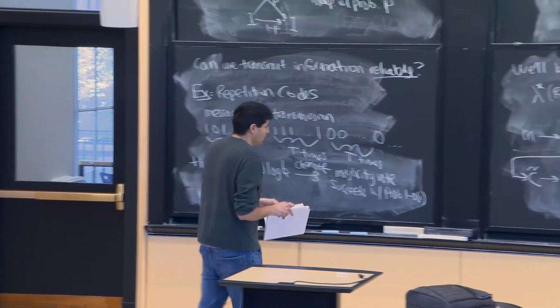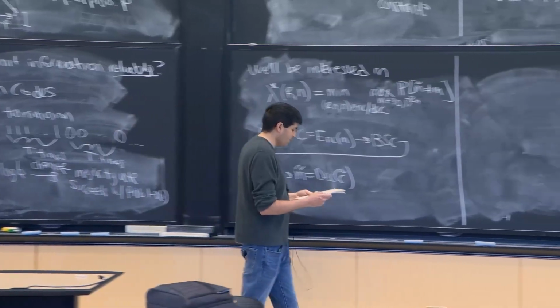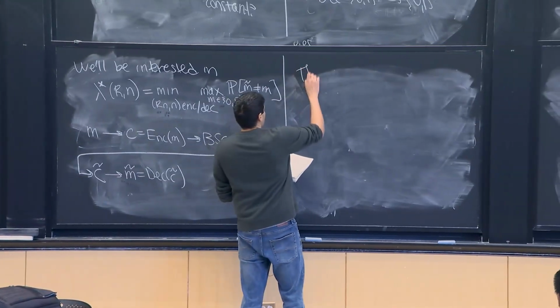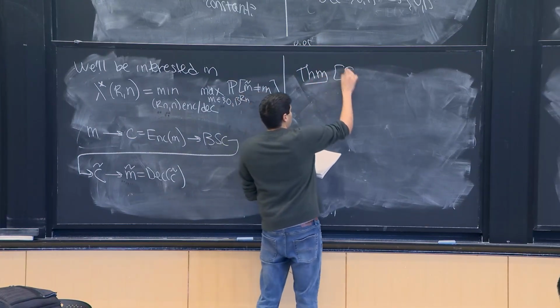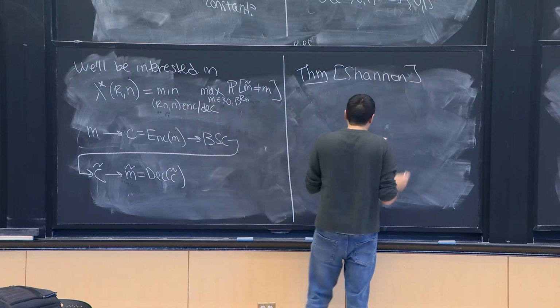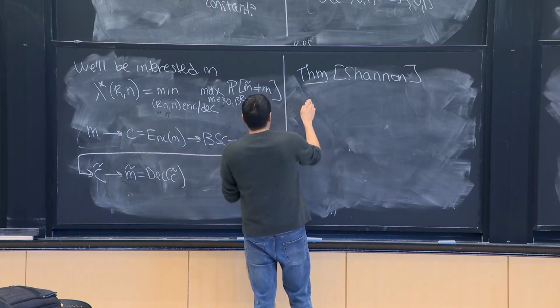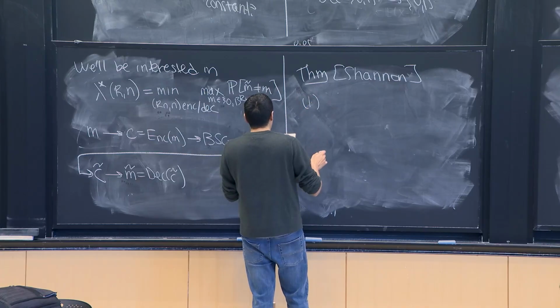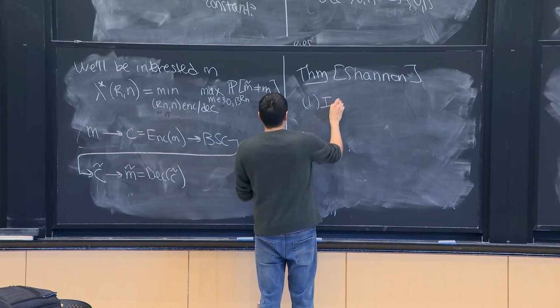So let me tell you Shannon's second main theorem, Shannon's noisy coding theorem, also proven around the same time. And it asserts two things, which are upper and lower bounds that meet.